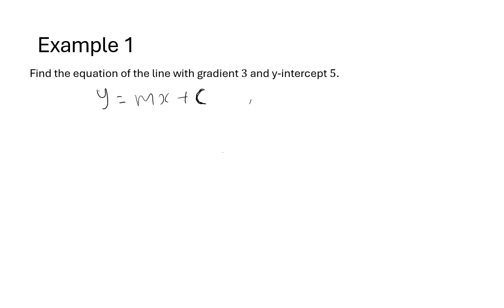Our m is equal to 3, and our c is equal to 5, the y-intercept. So then we can just substitute this into the formula. So our y will just be equal to 3x plus 5. Then that's all. This is the equation of our line.